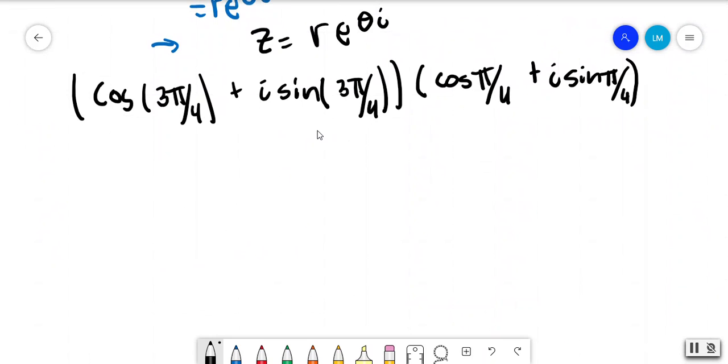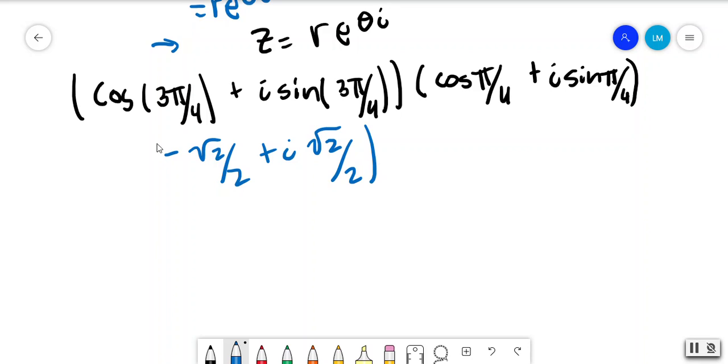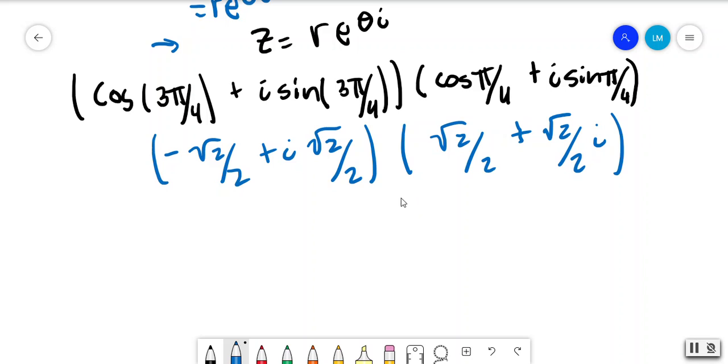If I was going to multiply this, I could go through the process of saying that's negative root 2 over 2 plus i root 2 over 2, and this is root 2 over 2 plus i root 2 over 2. We could go through the process of foiling this, but who has that time?